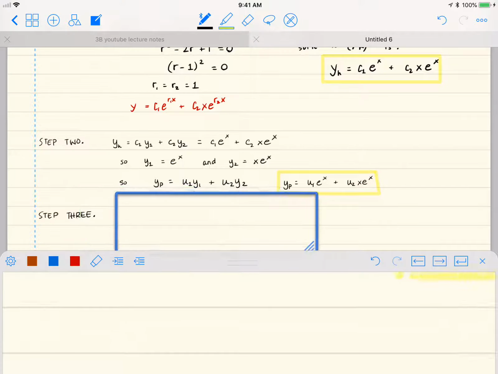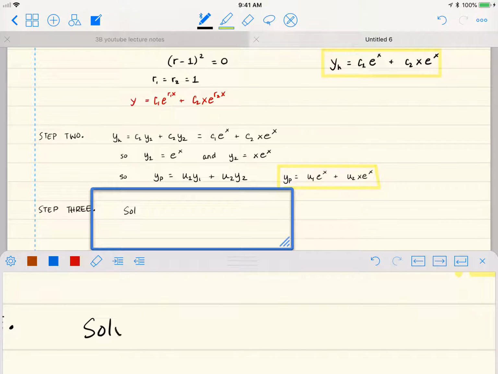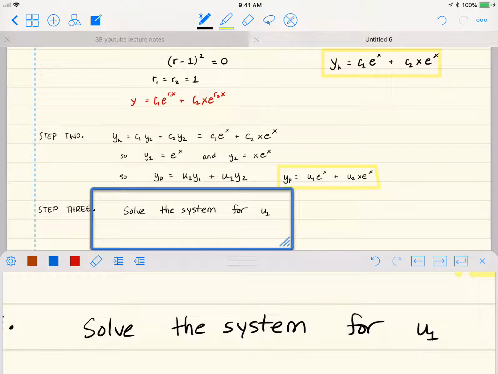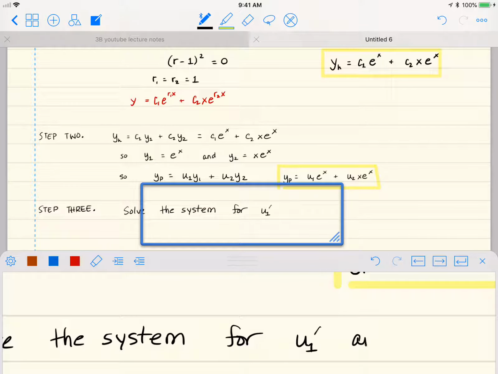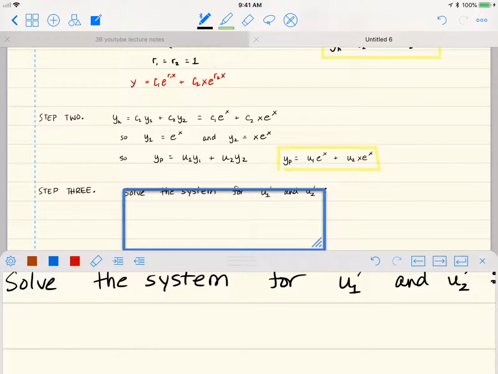Step 3 is we need to solve the system for u1 prime and u2 prime. And what are we going to solve? Here's our system.